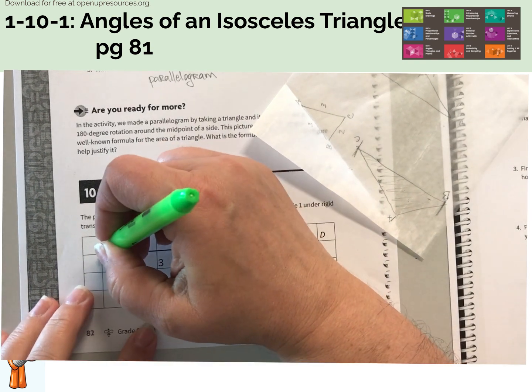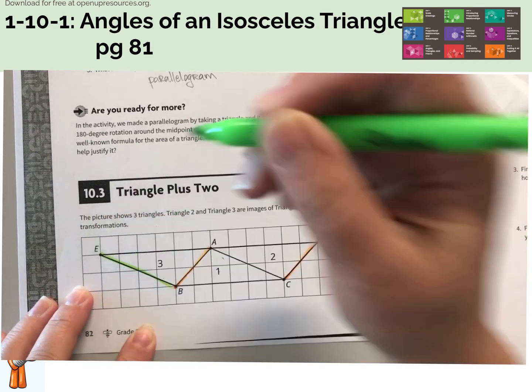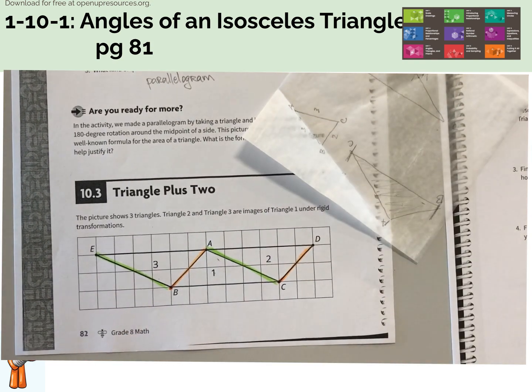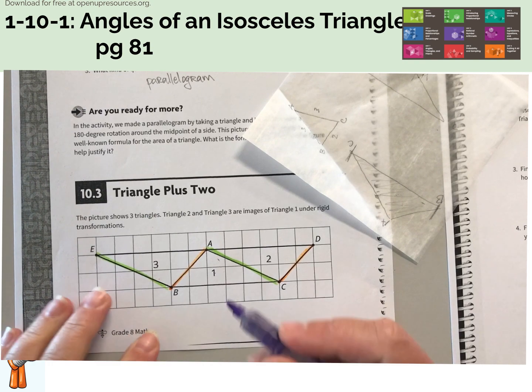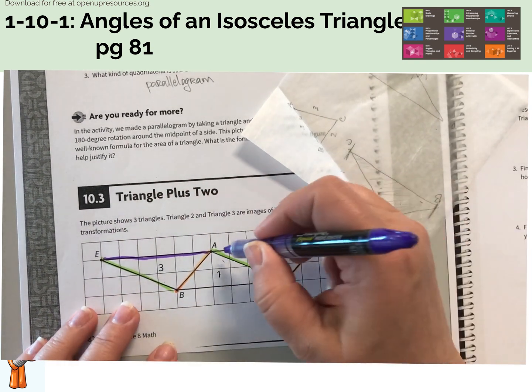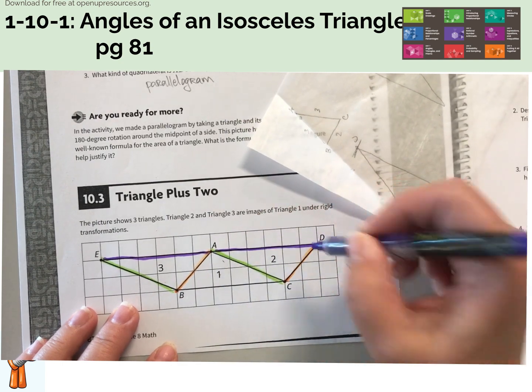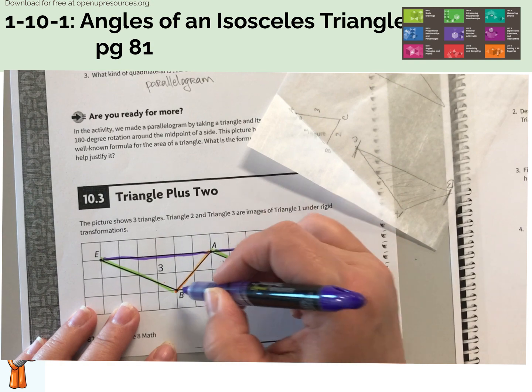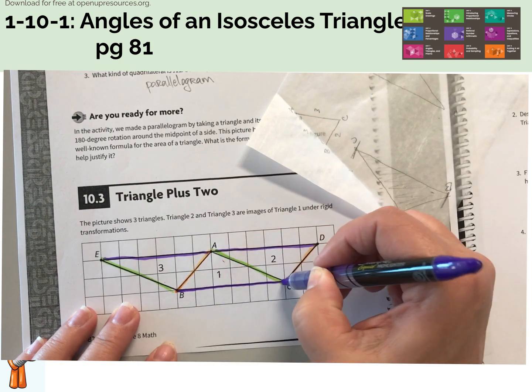I'm going to say these 2, EB and AC. Those are the same. What about the bottom ones? I'm going to say that these bottoms are the same, AE and AD. Can I also say that AE and BC are the same?